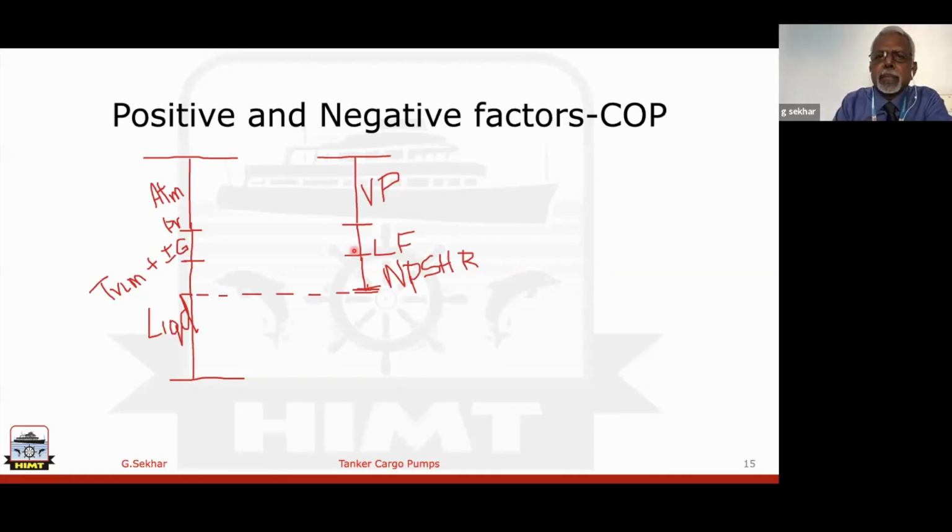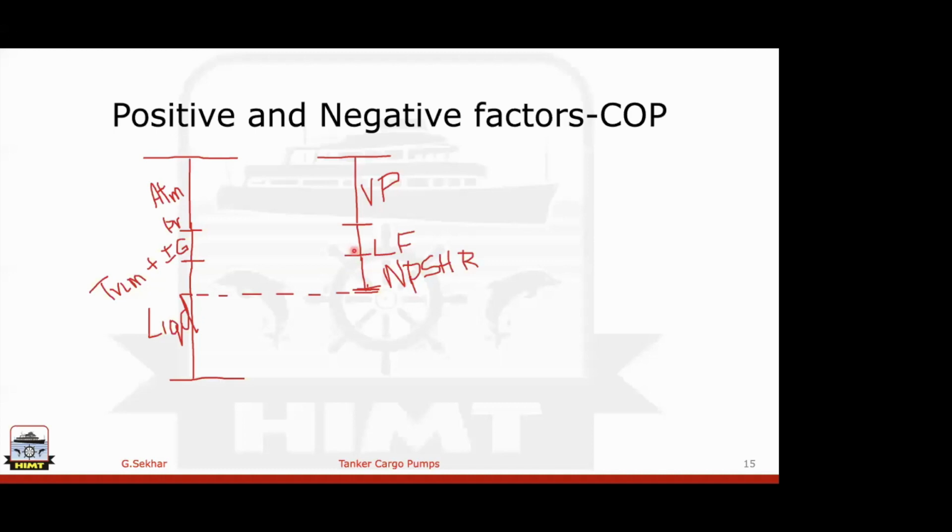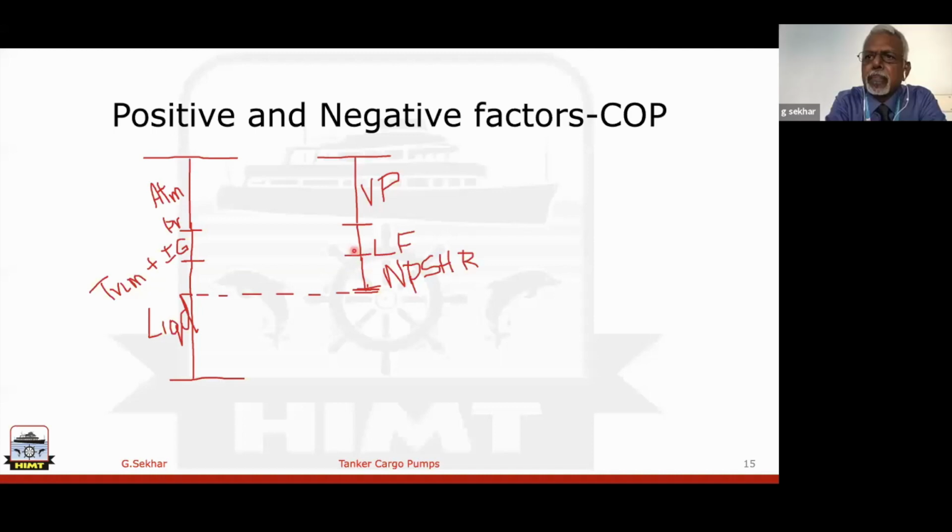So what else? Suppose the COP is running, let us say discharging from a cargo tank which is just next to the pump room, whereas when it is drawing oil from number one cargo tank right forward, the length of the pipe, the diameter of the pipe, the viscosity of the oil, or the number of bends in the pipeline, all these things give some sort of suction losses.